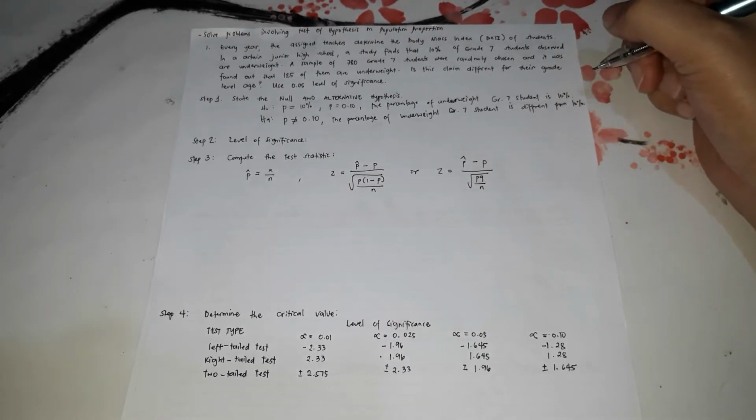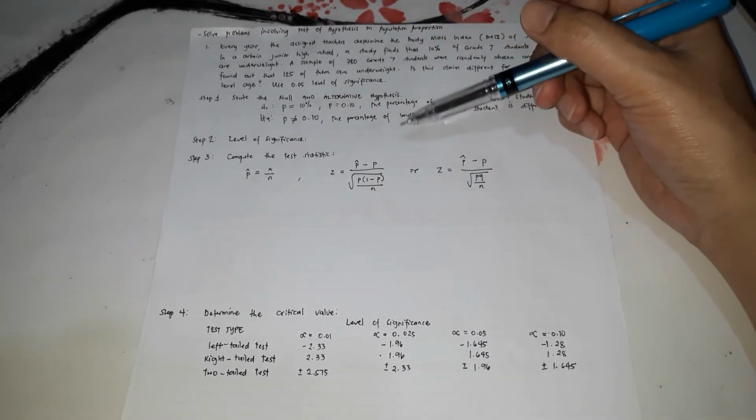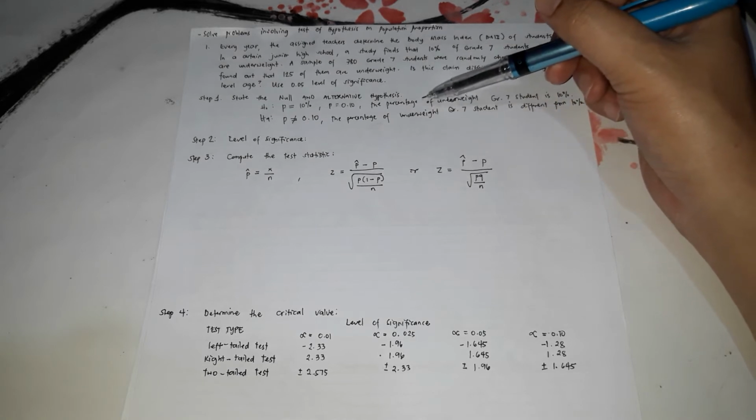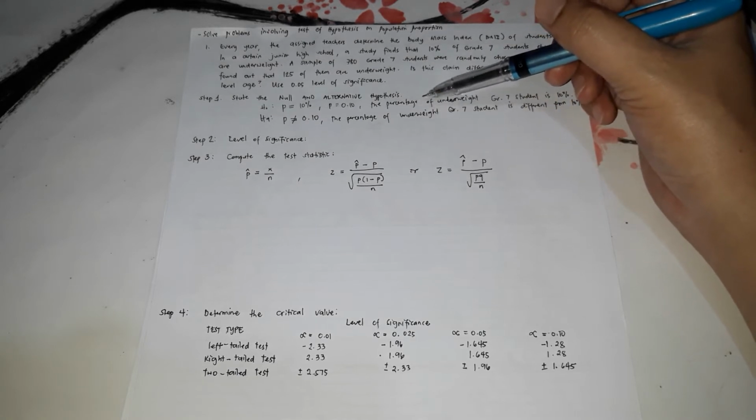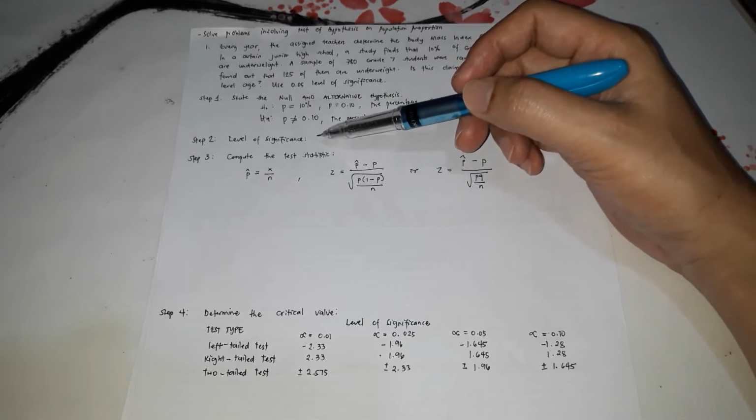If we reject the null, this would be our conclusion. But if we find that the null is acceptable, then the null hypothesis is our conclusion.